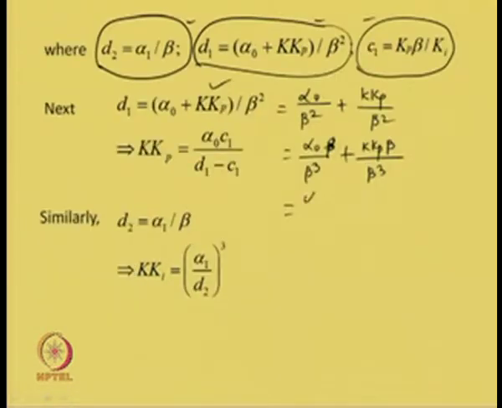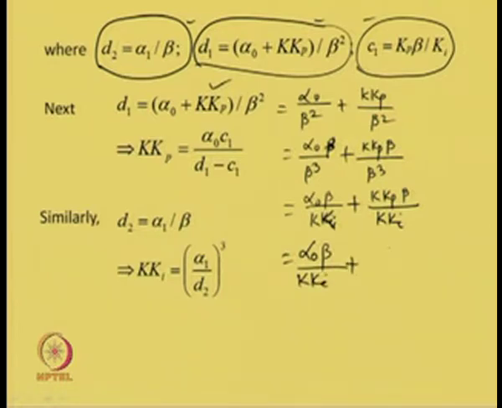So, substitution of k Ki will give you alpha 0 beta upon k Ki plus k Kp beta upon k Ki. Again, Kp beta is equal to C1 Ki. So, alpha 0 beta upon k Ki plus here one can write k C1 Ki upon k Ki. So, k Ki cancellation will be there. This can be written as C1 plus alpha 0 beta upon k Ki.